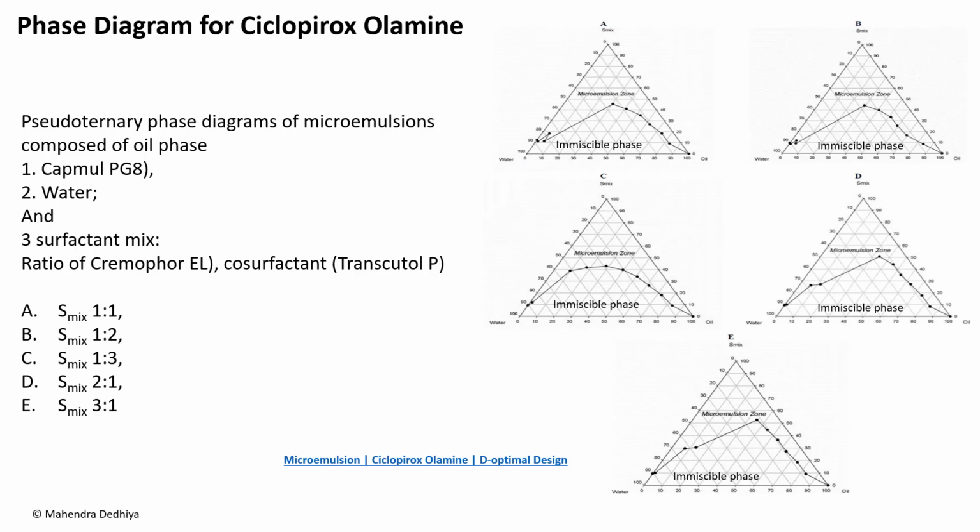The phase diagram shows the immiscible phase, clear separation of oil and water, whereas the microemulsion formulation is in this particular phase here. As the ratio changes, the microemulsion zone changes.